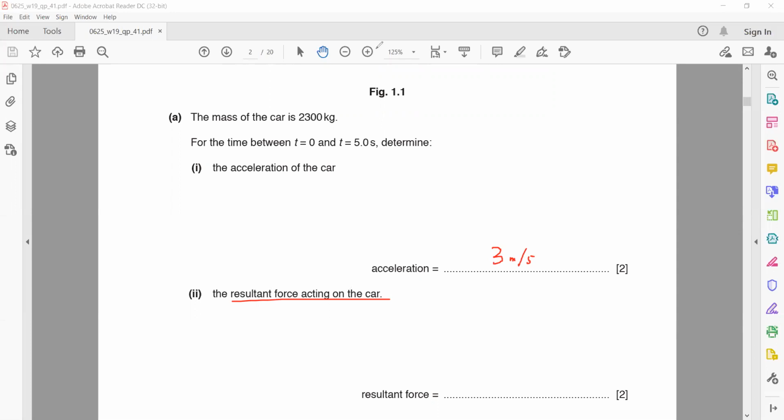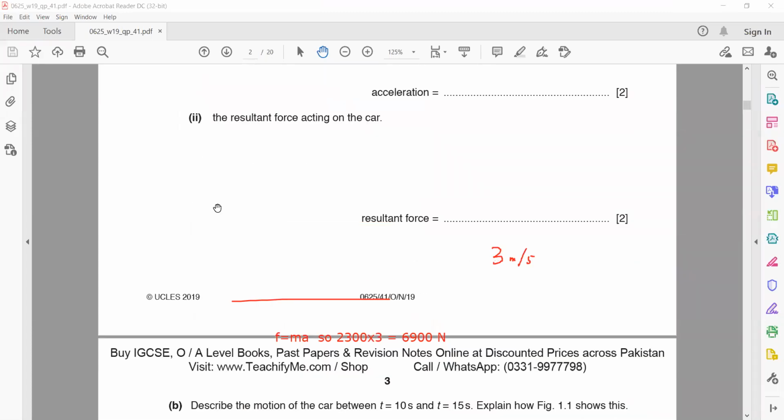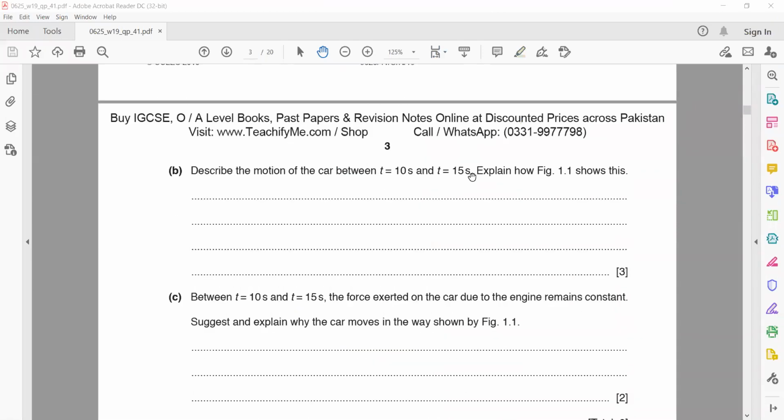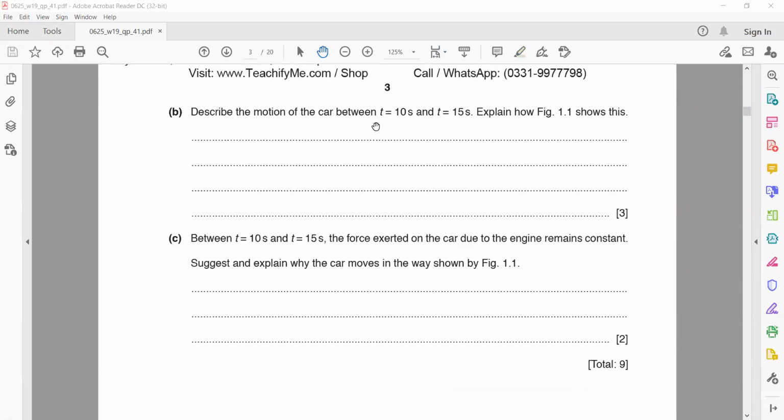The next part: describe the motion of the car between t equals 10 second to 15 second and explain how figure 1.1 shows this. So figure 1.1 is basically a speed time graph. What does the slope represent? The slope represents the acceleration.